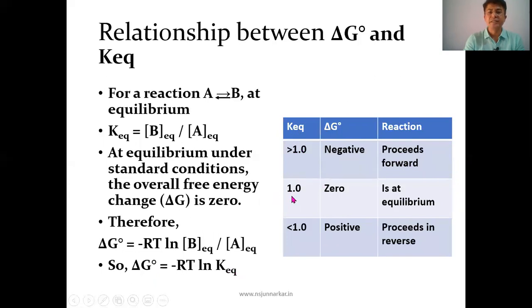When the equilibrium constant is equal to 1 or standard free energy change is equal to 0, the reaction is at equilibrium. If the equilibrium constant is less than 1 or standard free energy change is positive, then the reaction proceeds in a reverse direction. So this table is very important to remember.